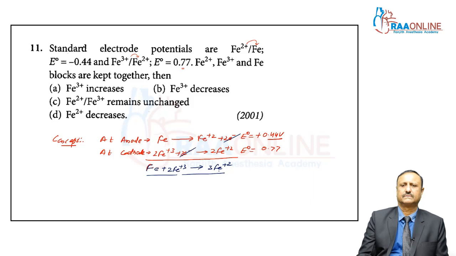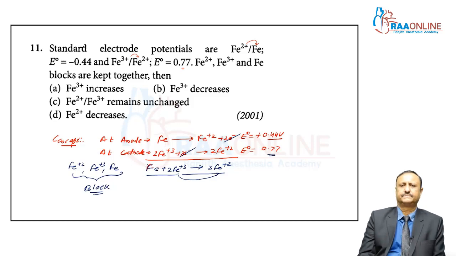My dear students, here you can see when you put this 0.77 is greater than 0.44, and in this reaction Fe plus 3 is converted into Fe plus 2. The question is that Fe plus 3 and Fe blocks, these iron blocks, are kept together in H2SO4.